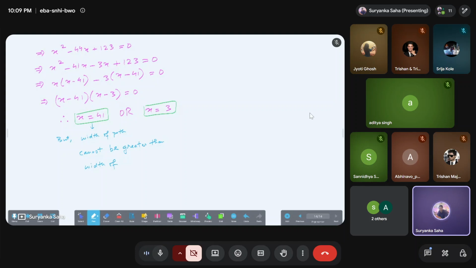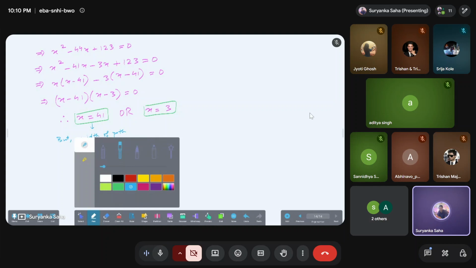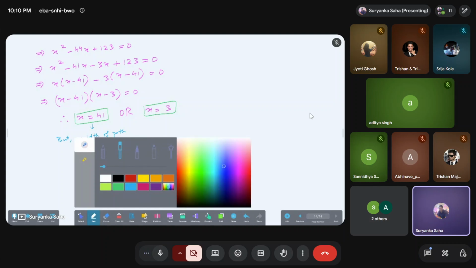Okay, or width of field. Because the path is inside the field, right? The path is inside the field. So x equal to, so width of path will be equal to, therefore width of path is 3 meter.